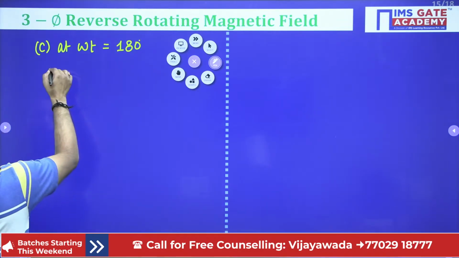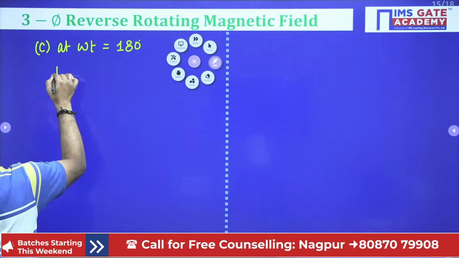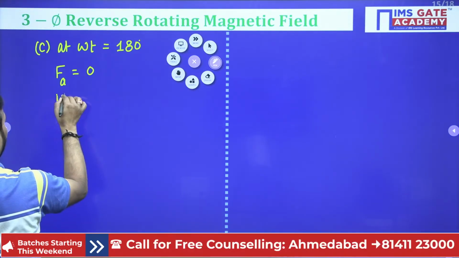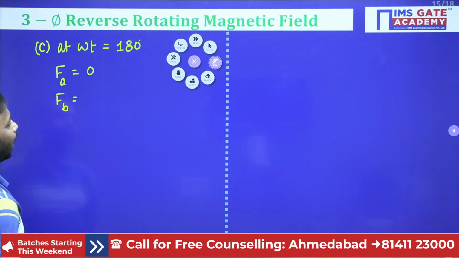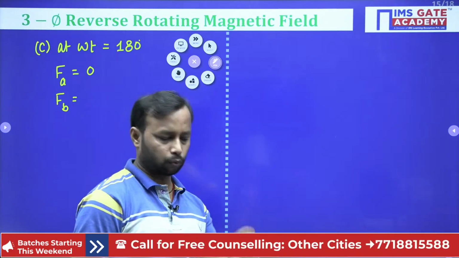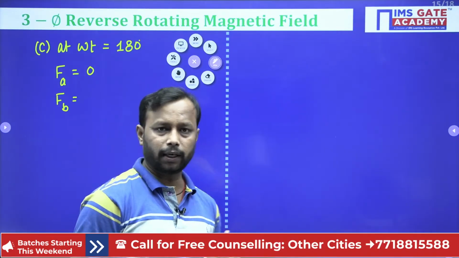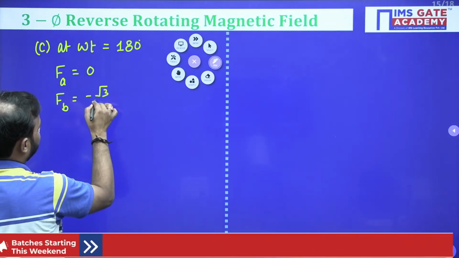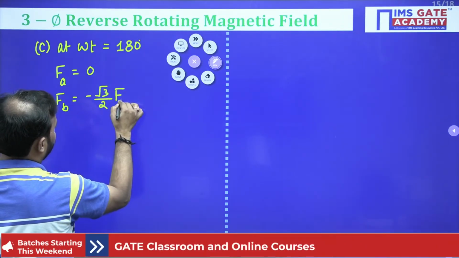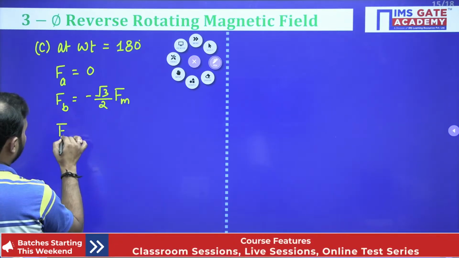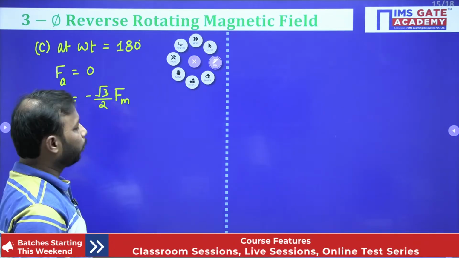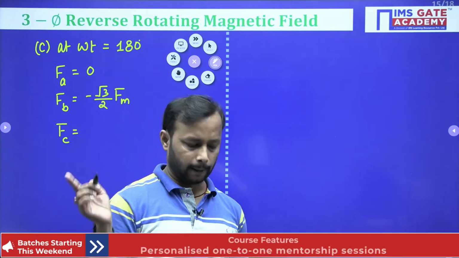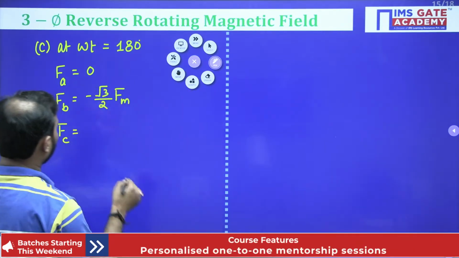Okay, so your Fa is Fm sin omega t, so 0. Fb is sin omega t plus 120, means 180 plus 120 is what? 300. So sin 300 is minus root 3 by 2 Fm. Fc is sin omega t minus 120. So 180 minus 120 is what? 60. Sin 60 is root 3 by 2.